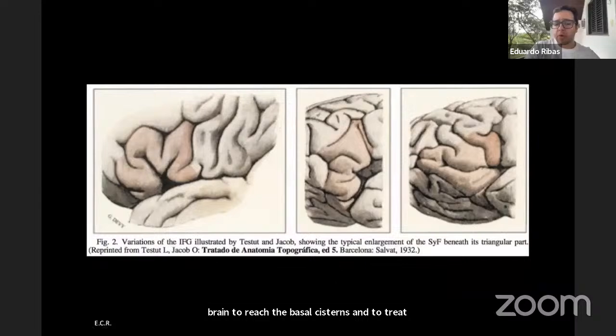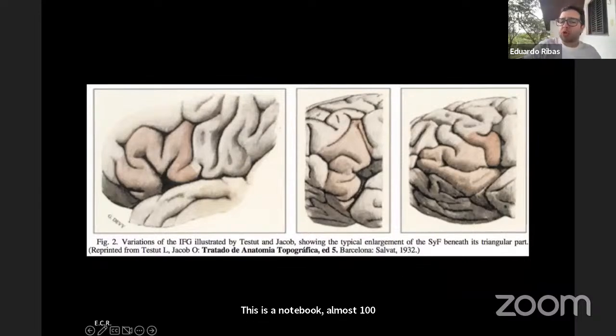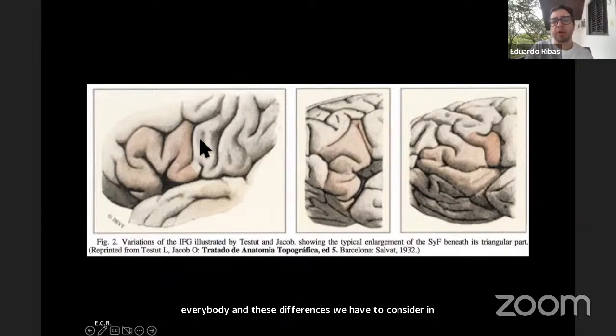This is a notebook, almost 100 years old, and it has this notion of lack of consistency. If we see all the brains, even our right side to the left side, it will be different between everybody. And these differences we have to consider in our plan, in our blueprint of the brain. So, for example, here is the inferior frontal gyrus.